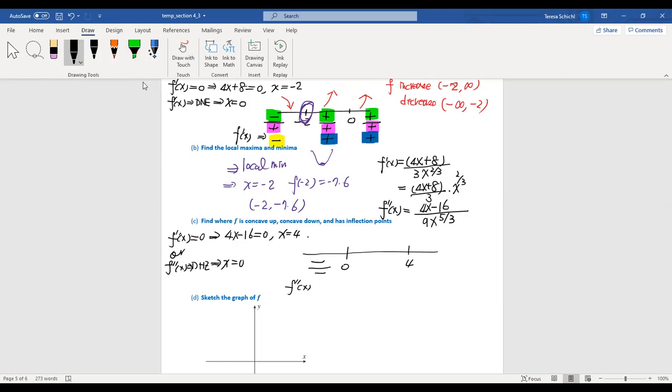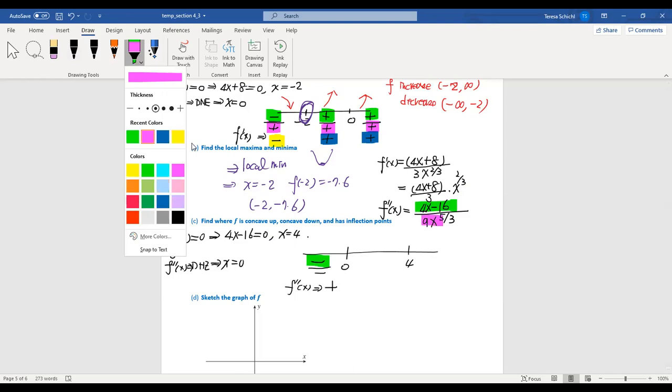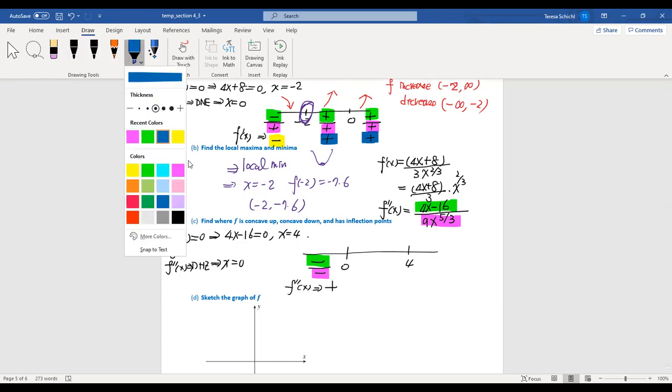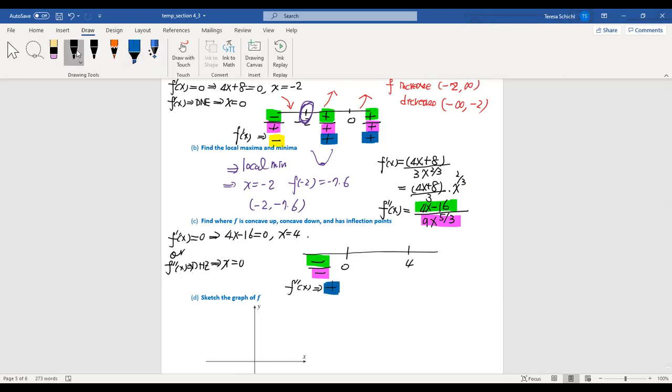So the overall second derivative will be positive here. Let me color code that so you will know which one is which. This is the numerator, this is the denominator which is negative, and overall this is a positive.